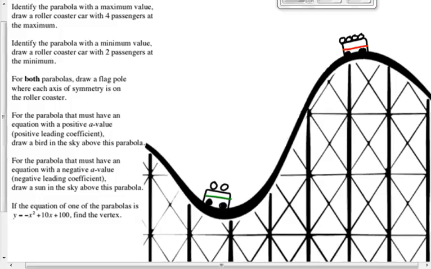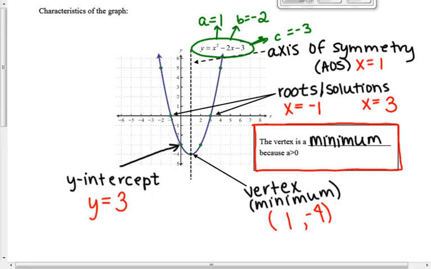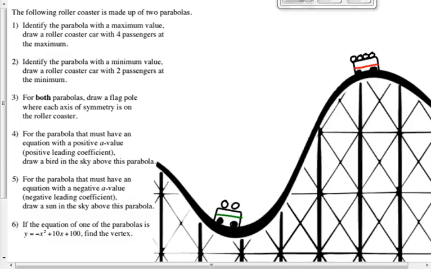For both parabolas, maximum and minimum, draw a flag for where the axis of symmetry is on the roller coaster. Well, think back to a couple slides ago. The axis of symmetry was a line that went directly through the vertex, and it was a vertical line. So what I'm going to do is come through here.